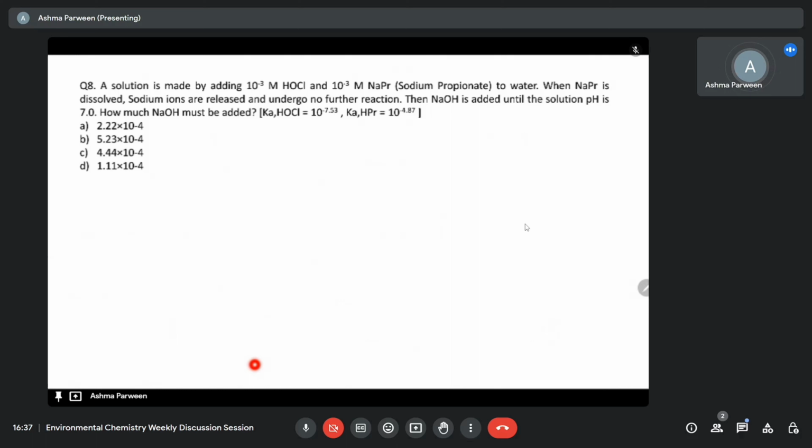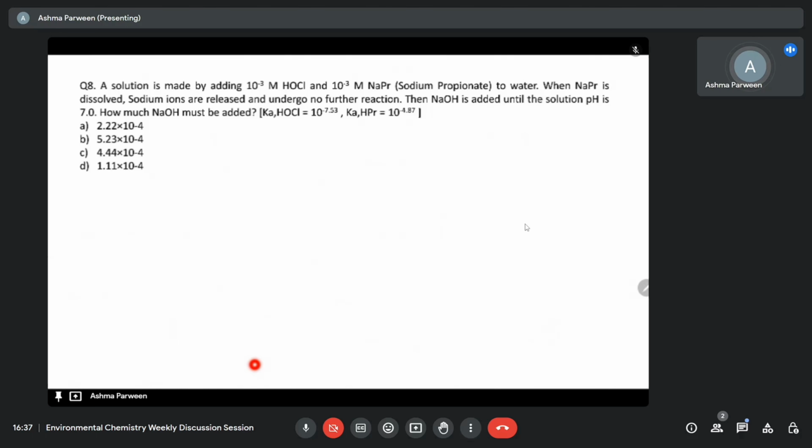So we have to find out how much NaOH must be added. We have been given the pKa value for HOCl and the pKa value for HPr. Till now, we were given some system, with a certain concentration of an acid, base or salt added, and we were finding the final pH of the system.